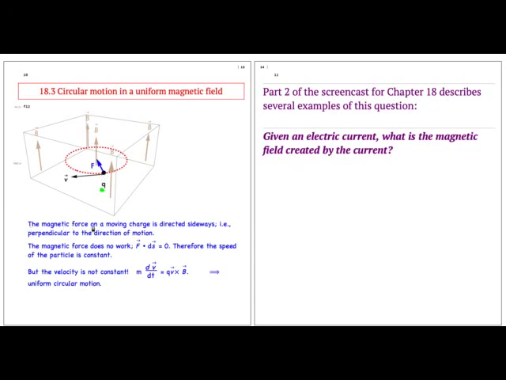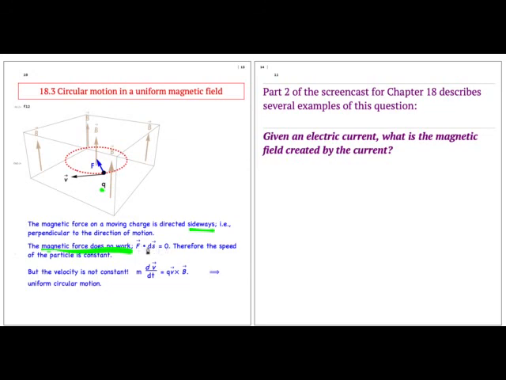The magnetic force on a moving charge is directed sideways, perpendicular to the direction of motion. That has a consequence that the magnetic force does no work on a charged particle, because the force times the displacement is zero. F dot ds is zero.